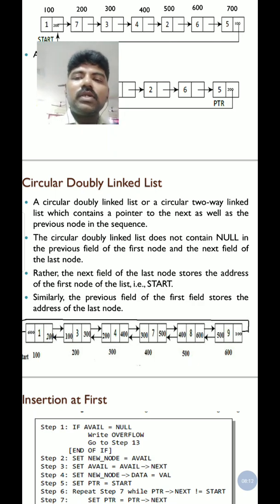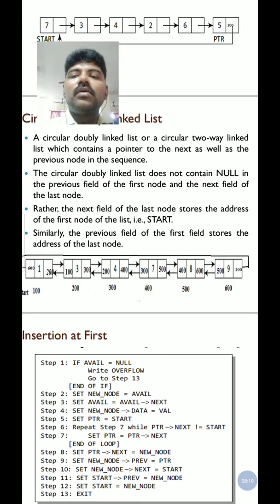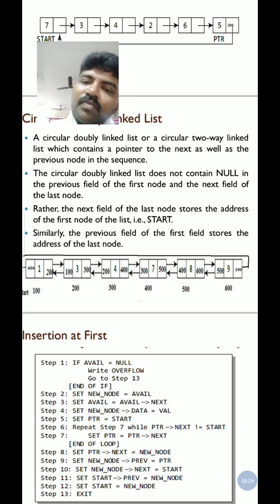But here there is no need for the null value. Rather, the next field of the last node stores the address of the first node of the list, and the previous field of the first node stores the address of the last node.